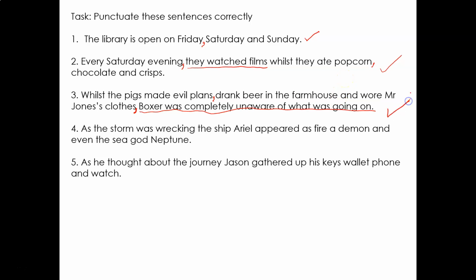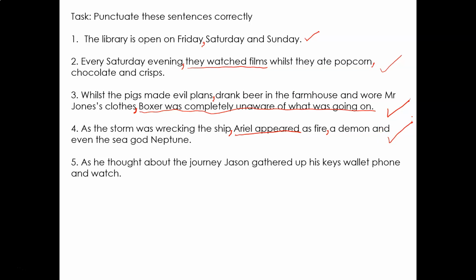That's now correct. As the storm was wrecking the ship, Ariel appeared as fire, a demon, and even the sea god Neptune. My main clause is Ariel appeared as fire, a demon, and even the sea god Neptune. My subordinate clause is at the start, as the storm was wrecking the ship, and my list goes here. Fire, comma, a demon, and even the sea god Neptune.